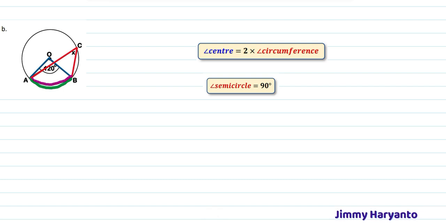Because they are facing the same arc, that means the formula is applied. So the angle at the center is 120 degrees, equals 2 times the angle at the circumference, which is x. So x equals the same, 120 divided by 2, it will become 60. So I gave you the same value of angles so that you can compare it with the previous question.